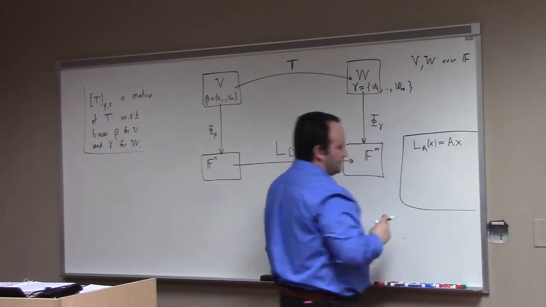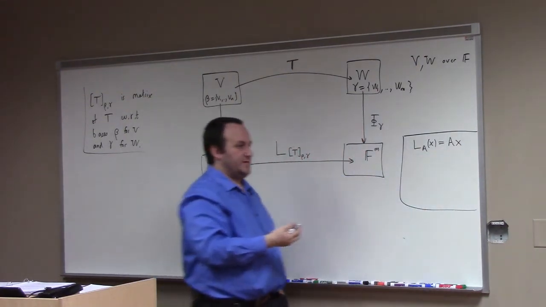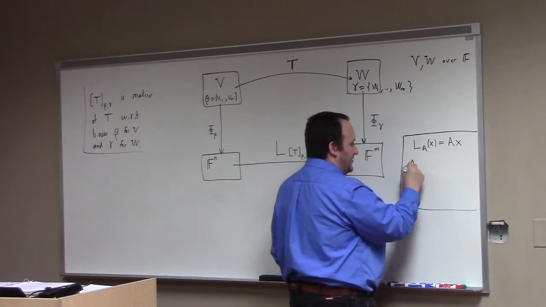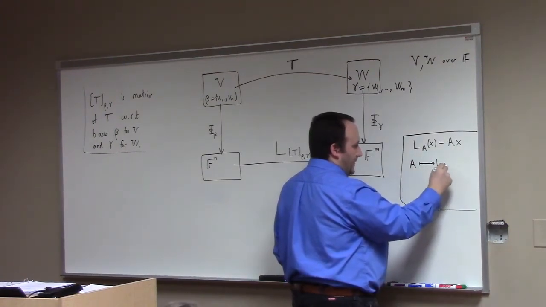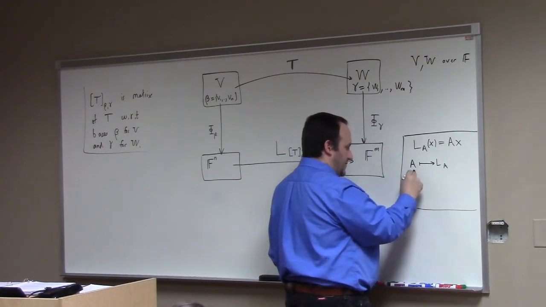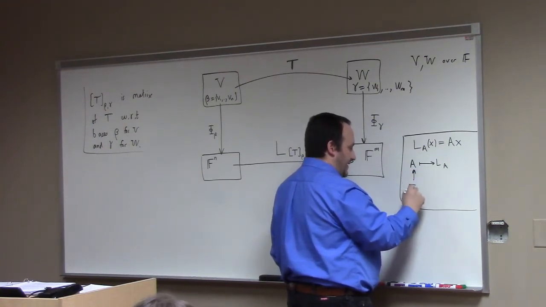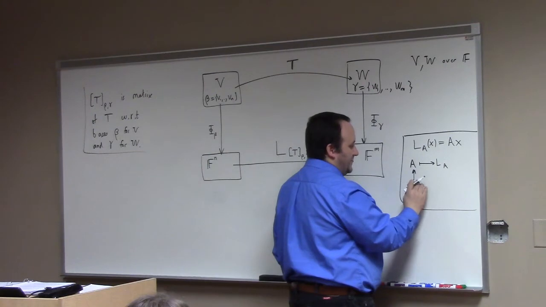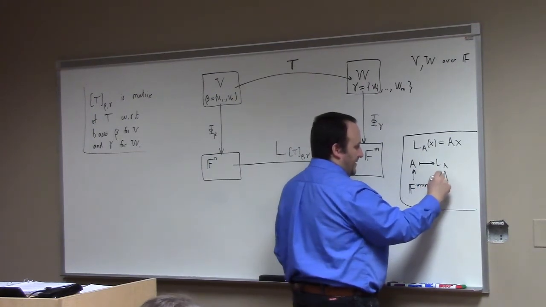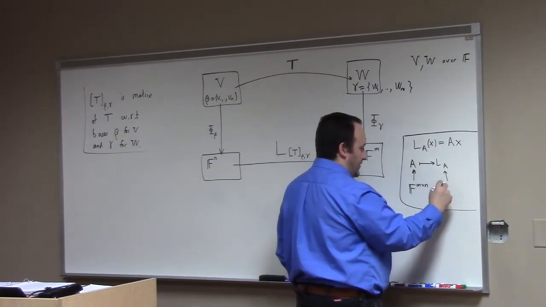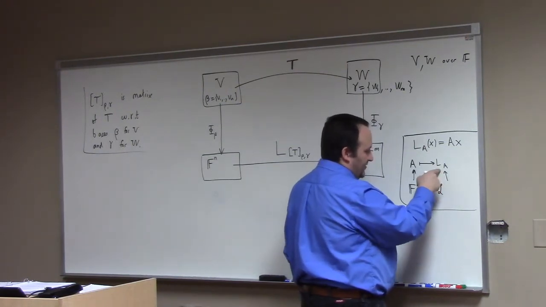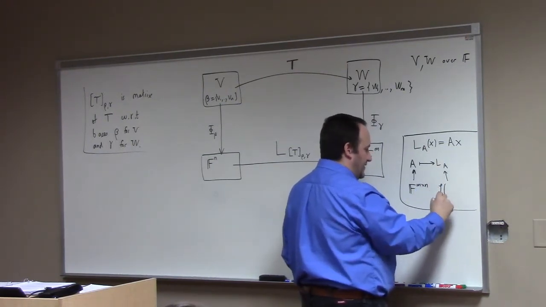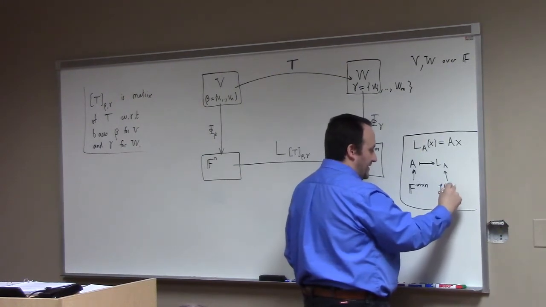So the point here is there's an association. We can take any matrix A in F^(m by n) and associate it with L sub A. The fundamental theorem of linear algebra proved that this L sub A map is actually a linear transformation from F^n to F^m.